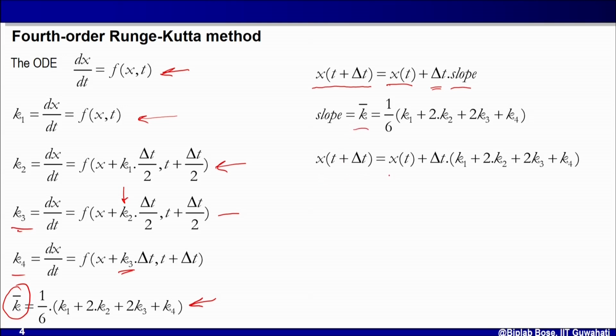So x at time t plus delta t would be x at time t plus delta t, that is the increment in time, into the average slope. Here we should have 1 by 6, which was missing initially. So this way, using this average slope, I can calculate the new value of x.